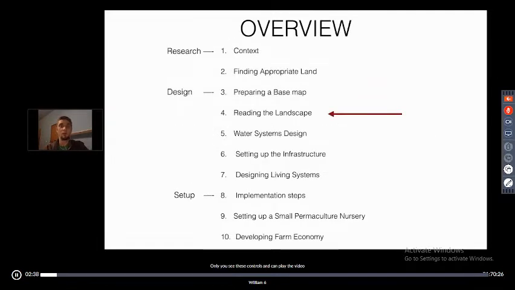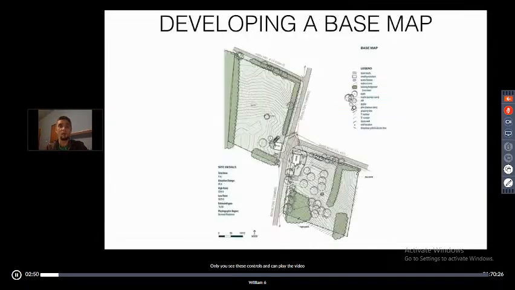Okay, so we are here in the process. We are reading the landscape. We are in the design phase, and we went through the research context and finding appropriate land. Last time we prepared a base map, and I said that developing a base map is a starting point for a permaculture design.